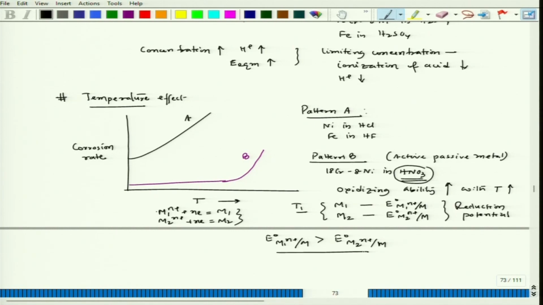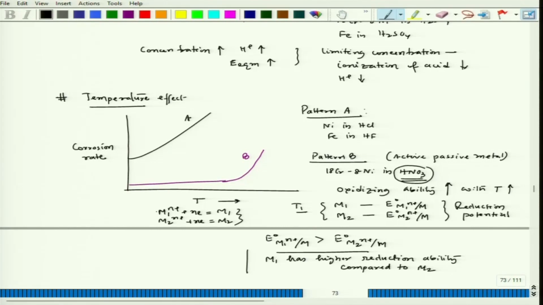If such a situation arises at a particular temperature, we can say that M1 has a higher reduction ability as compared to M2. It means that if M1 n+ ion is present and M2 n+ ion is also present along with it, then M1 n+ has higher ability to get reduced and then deposit on the metal surface.